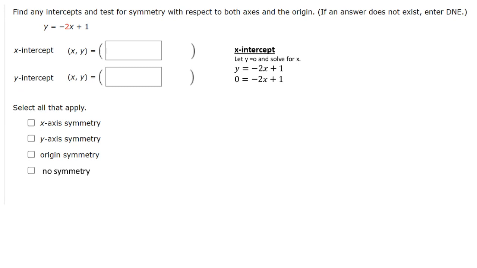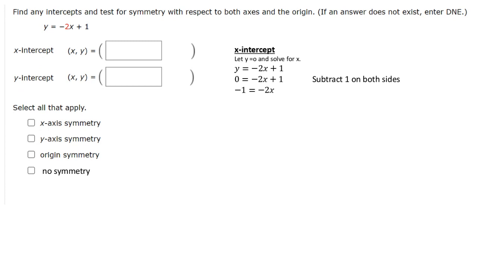To solve, we need to isolate x, but we'll move everything that's furthest away from x first. So we subtract 1 on both sides. The plus 1 minus 1 cancels, and 0 minus 1 gives us negative 1.